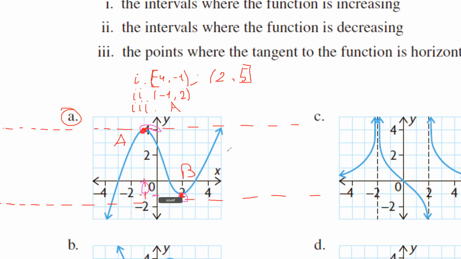So let's say I have 2 points, A and B. What are the coordinates of point A? Point A is -1, 4, and point B is 2, -1. Exactly. Beautiful. So here's the solution for the first one.